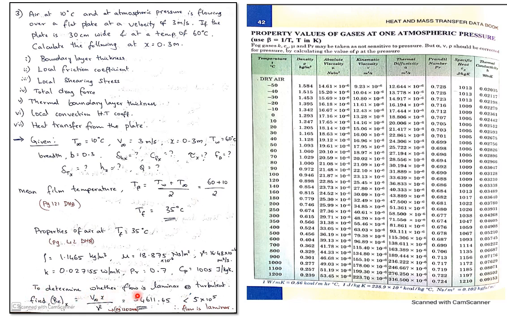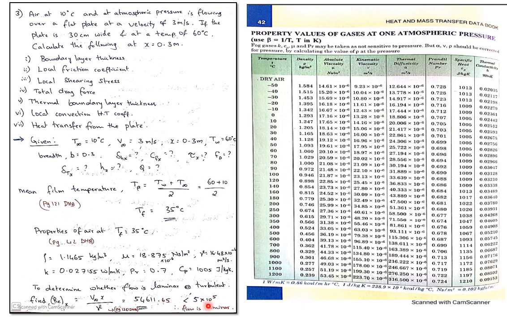Next is to determine whether flow is laminar or turbulent. How to determine this? The Reynolds number plays an important role. You can find on page number 120 that Reynolds number is V infinity into L by nu. Just replace L by x, as he has given the distance.